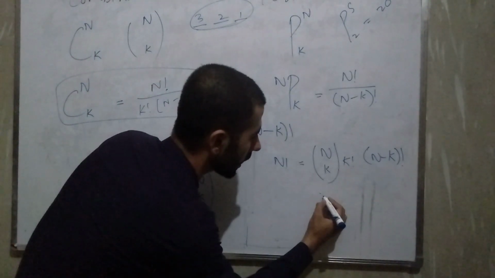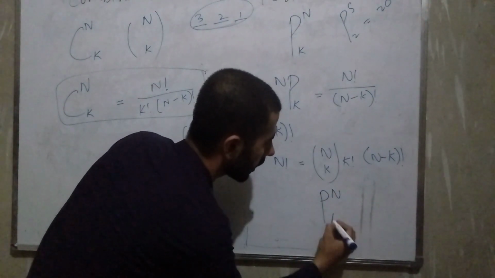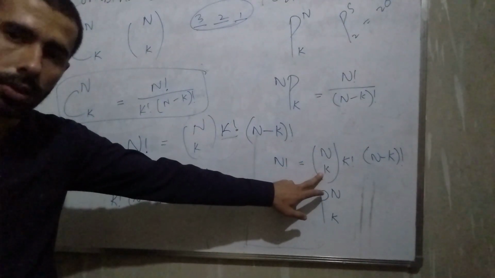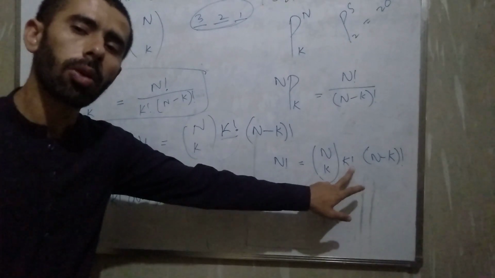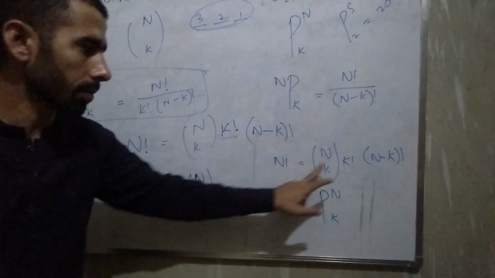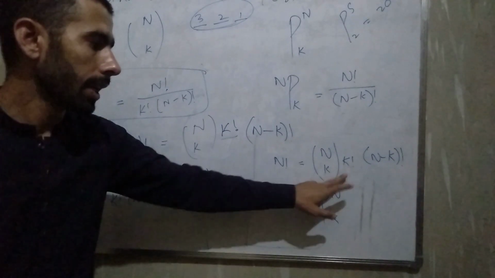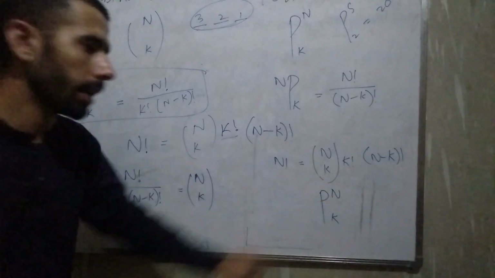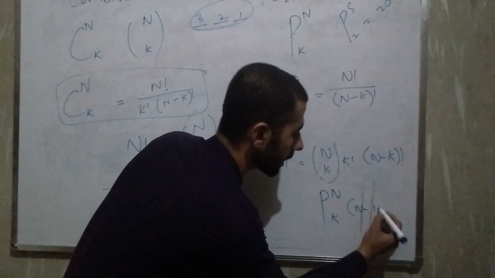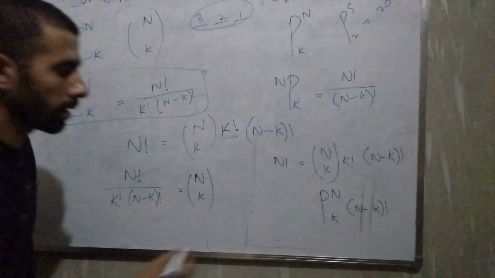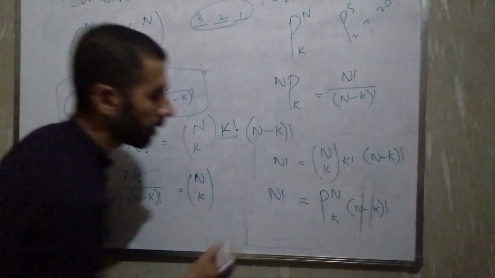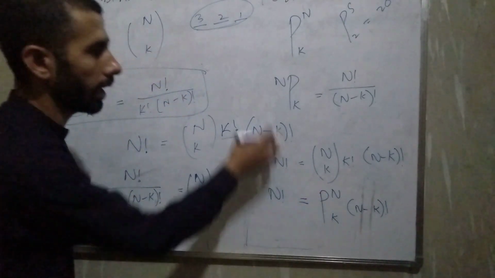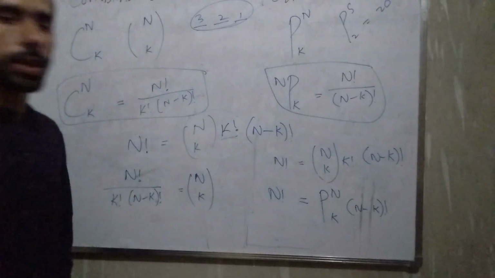This is the permutation of k things out of n, because I selected k things out of the total n things and then did all the possible shufflings of those k things. We discussed earlier that this permutation of k things out of n, multiplied by the remaining n minus k shufflings, would give me this n factorial. So if I derive the relation for the permutation of k things out of n, it becomes the same as we wrote earlier.